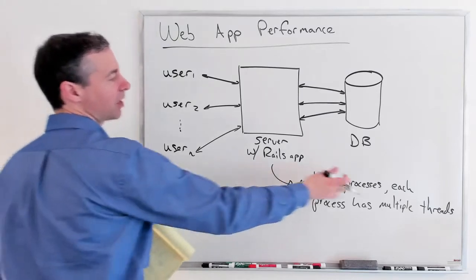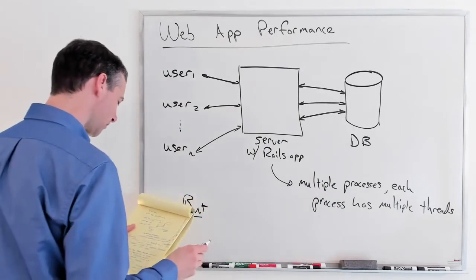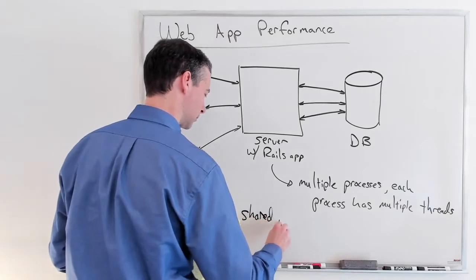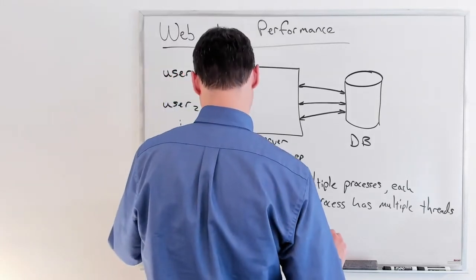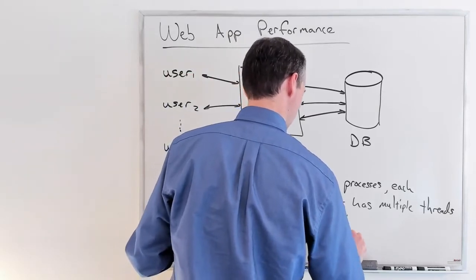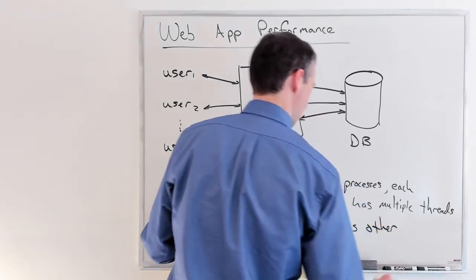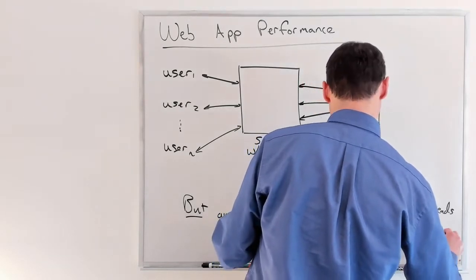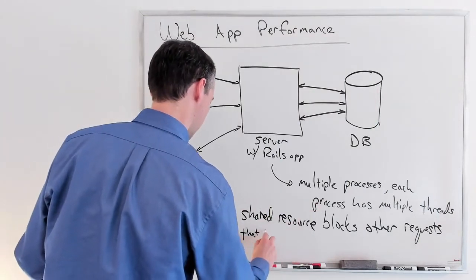All right, so we're gonna have all this multiple stuff and it's gonna be able to run concurrently, but any shared resource has the potential to block other requests. So any shared resource blocks other requests that need it.